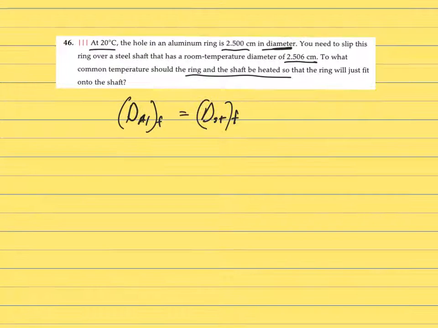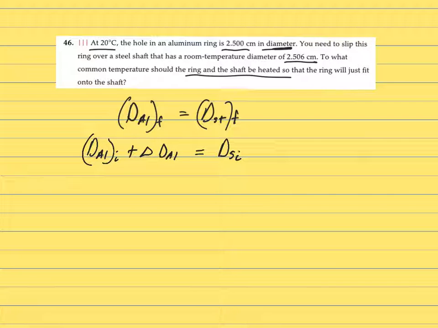Then what we can say is the diameter of the aluminum initially, I know this is weird, plus the change in diameter of the aluminum has to equal the diameter of the steel initially plus the change in diameter of the steel. For some reason I was putting these in parentheses, so I'll continue doing that.